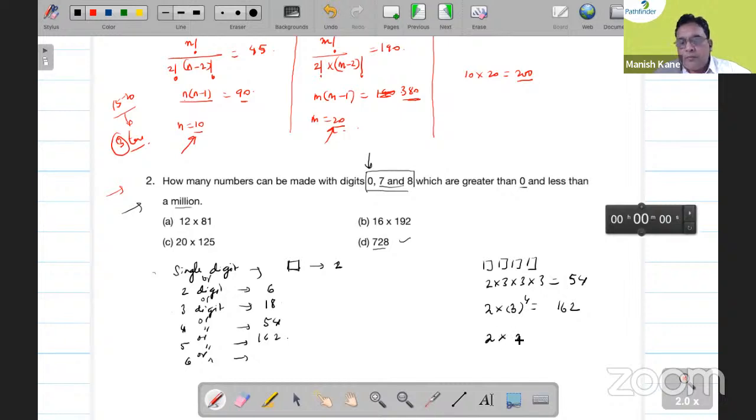And 2 into 3 to the power 5, that is 2 into 243, so 486 will be 6-digit numbers. Now you can add this up orally: 486, 648, 702, 720, 726, and 728. So 728 is your correct answer.